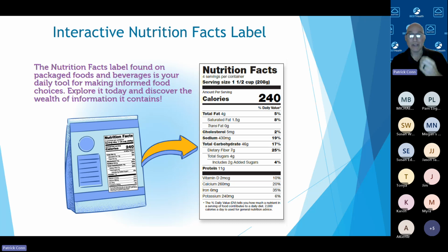Basically, when you get to that link and open it up, you can click on every single thing on that nutrition facts label, and it's going to pop up information specific to the calories, cholesterol, dietary fiber, sugars and all of that, and it's going to teach you more about that. So I would definitely recommend you do that. It can be very helpful for you. Okay, so that's the interactive nutrition facts label.